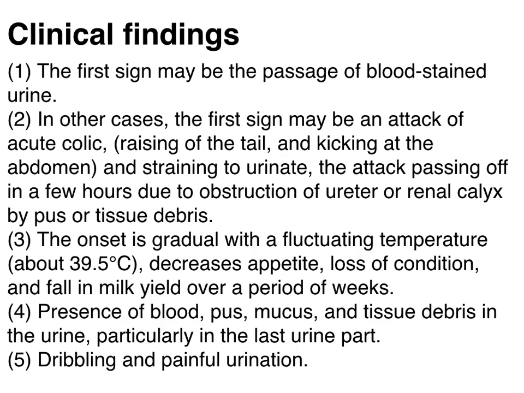أما بالنسبة للclinical findings أو العلامات السريرية, the first signs may be passage of blood stained urine, البول المصحوب بالدم. In other cases, the first signs may be an attack of acute colic, raising of the tail and kicking at the abdomen, لأنه هنالك مرض شديد في الحيوان، لذلك راح يضرب على المنطقة اللي يعاني منها من المغص, and straining to urinate, صعوبة بالتبول.